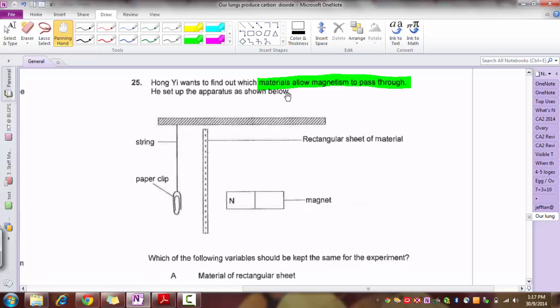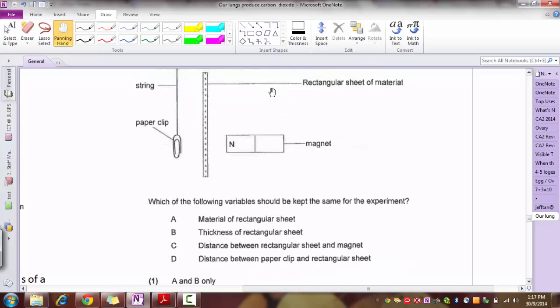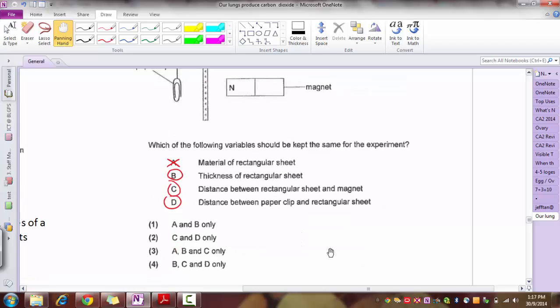The aim is which material allows magnetism to pass through, so this is the only one that I should not keep the same. This must change. All other variables must be kept the same: thickness, the distance between the sheet and the magnet, the distance between the paper clip and the rectangular sheet. Everything else must be kept the same so that it is a fair test. So that's why your answer is 4.